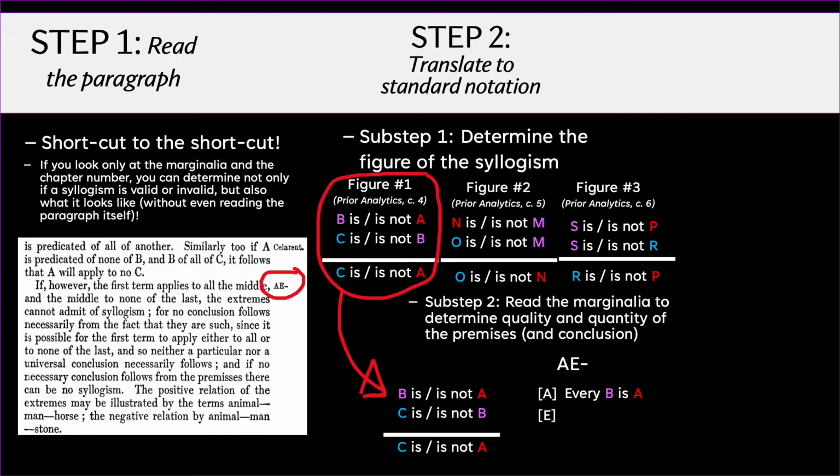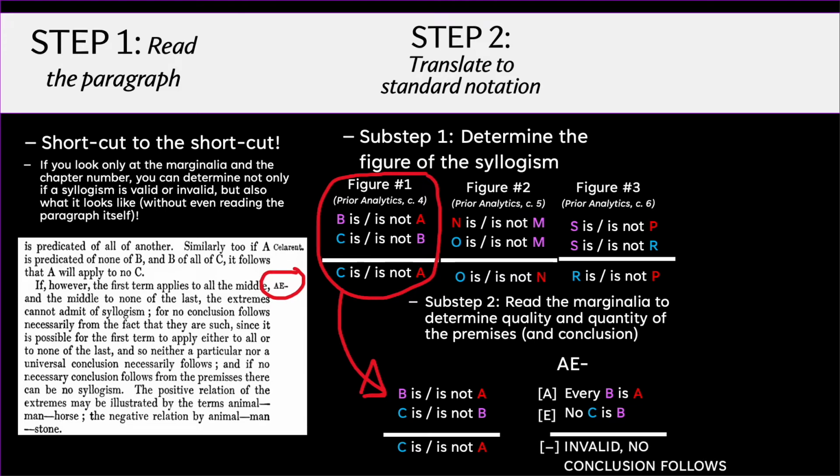So the second proposition, the minor proposition, is going to be an E proposition. That is a universal negative proposition. And since, again, we're dealing with the first figure, where in the minor proposition, the middle term is the predicate, we know that the minor proposition here is going to be no C is B.